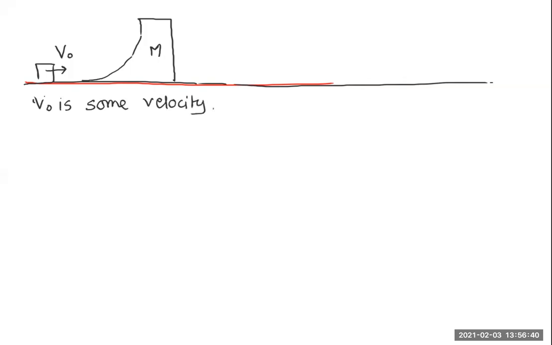It is not the velocity with which you should project so that it just reaches the top. वो सबब नहीं. V naught is some velocity. Find the final velocities. M and m.